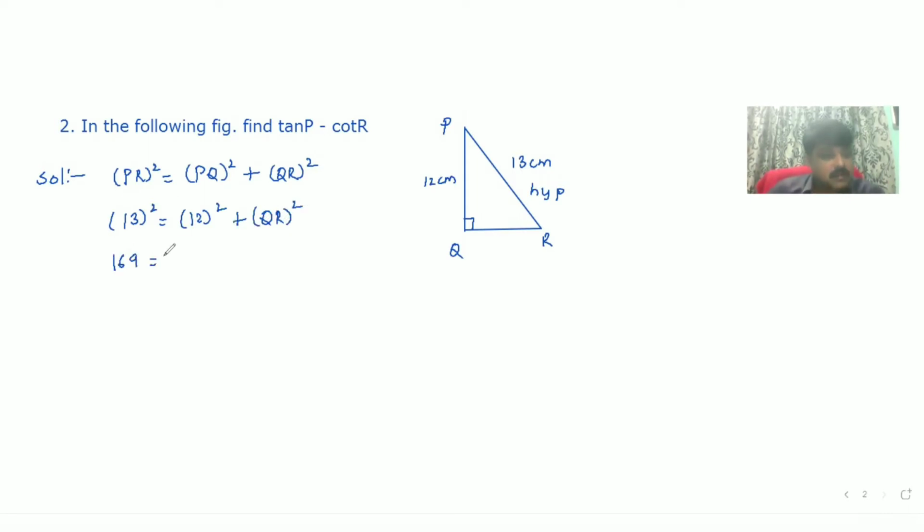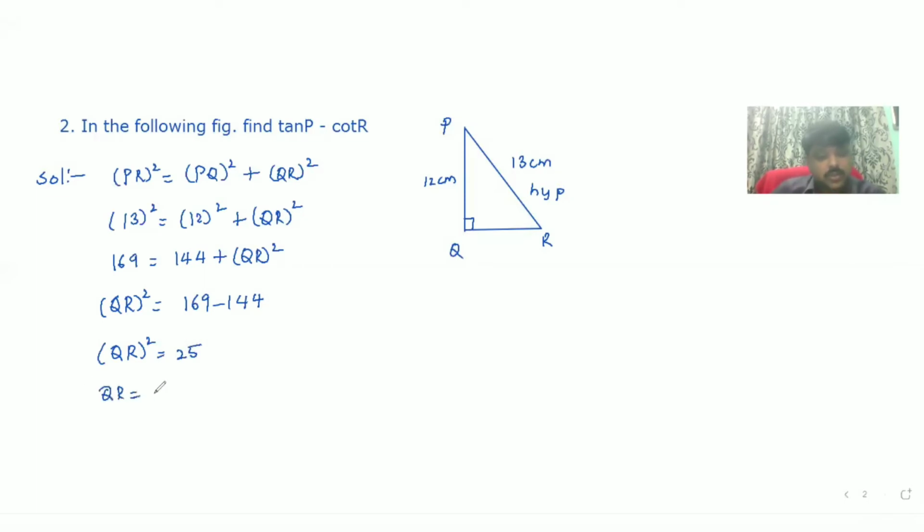PR square is 13 square, which is 169, equals PQ square, 12 square, it is 144, plus QR square. If I make QR square the subject, then QR square equals 169 minus 144, which is 25.